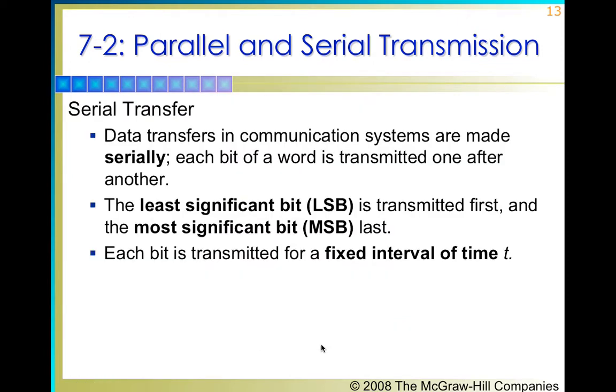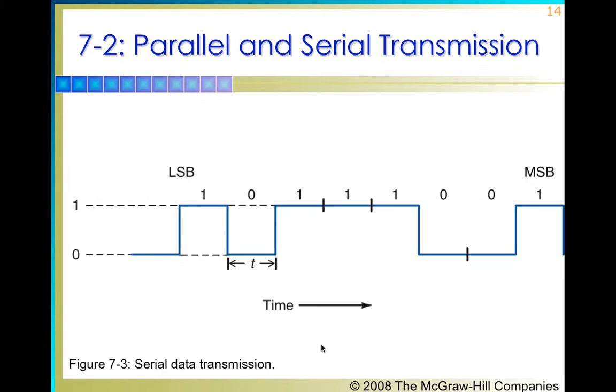So now we will be focusing on serial transfer, which is to send the bits one after the other in a serial manner, in which the least significant bit is sent first, and then the most significant bit is sent afterwards in the last, and we have fixed time slots between each bit.